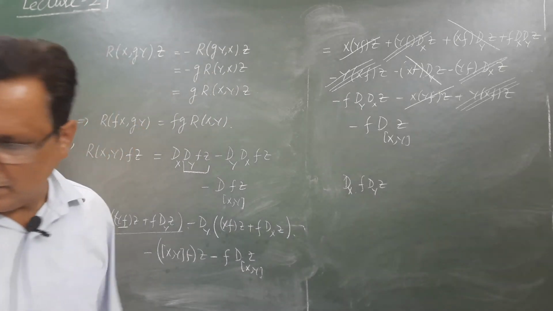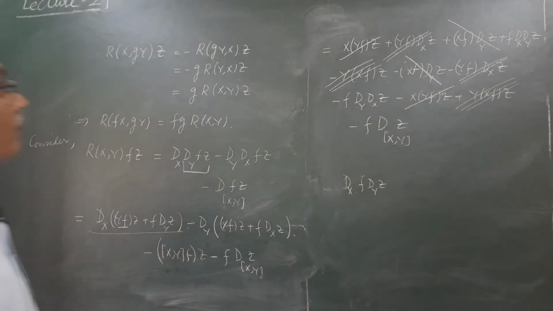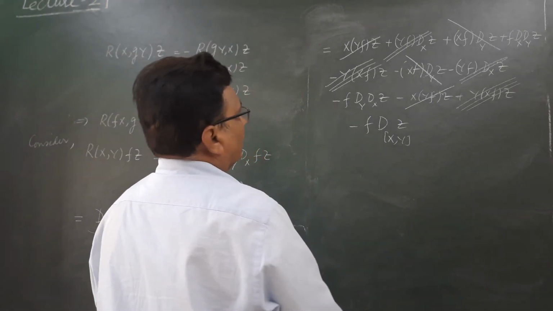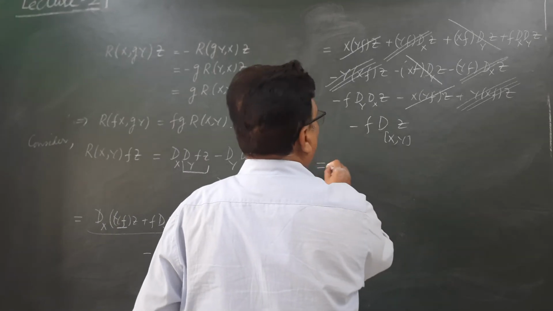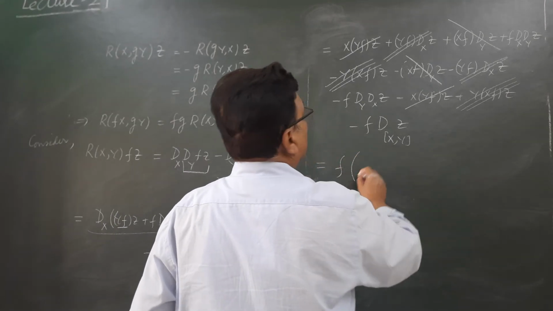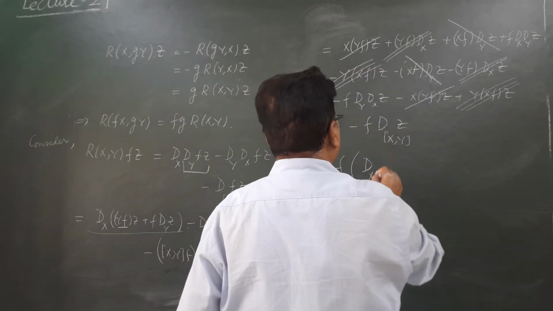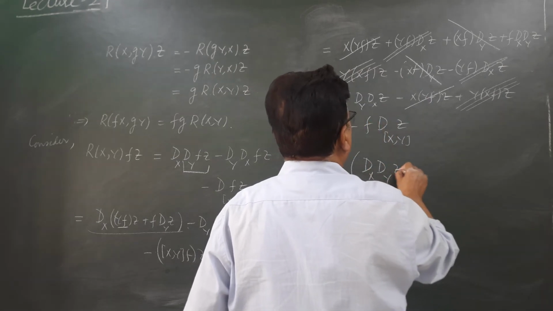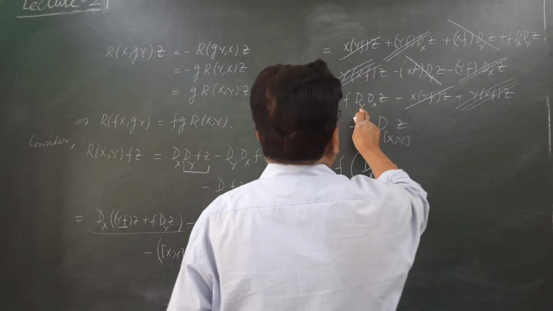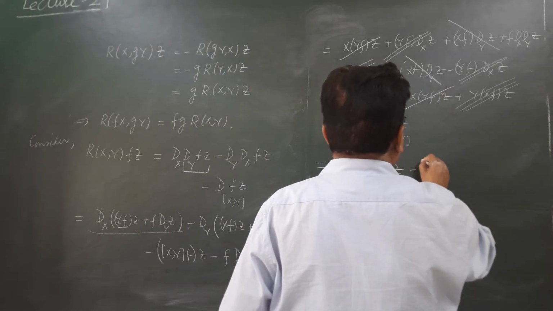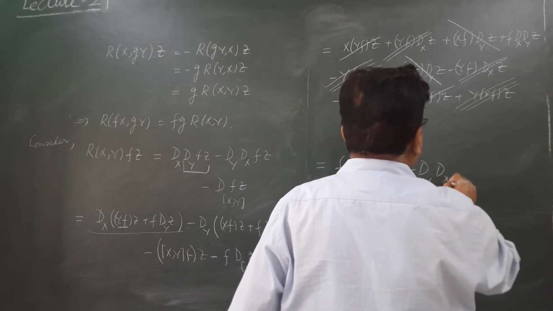Now write down the remaining terms. f is common among the remaining terms. So the first term is here, f times dx dyz. The second term is here, minus dy dxz.